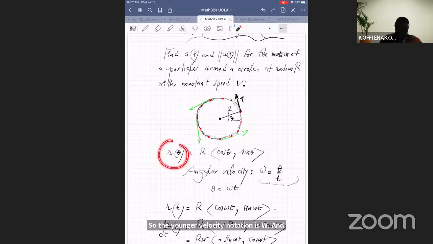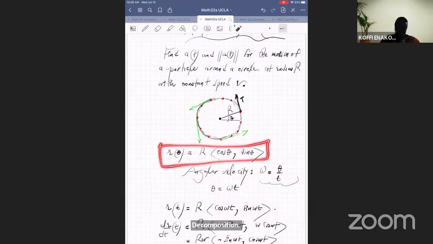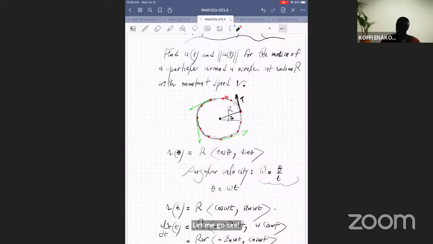So in my parametric representation of the circular trajectory, for instance at a roundabout, I'll have theta equal to omega t, the angular velocity being omega. Since the motion happens at a constant speed, omega will be a constant.